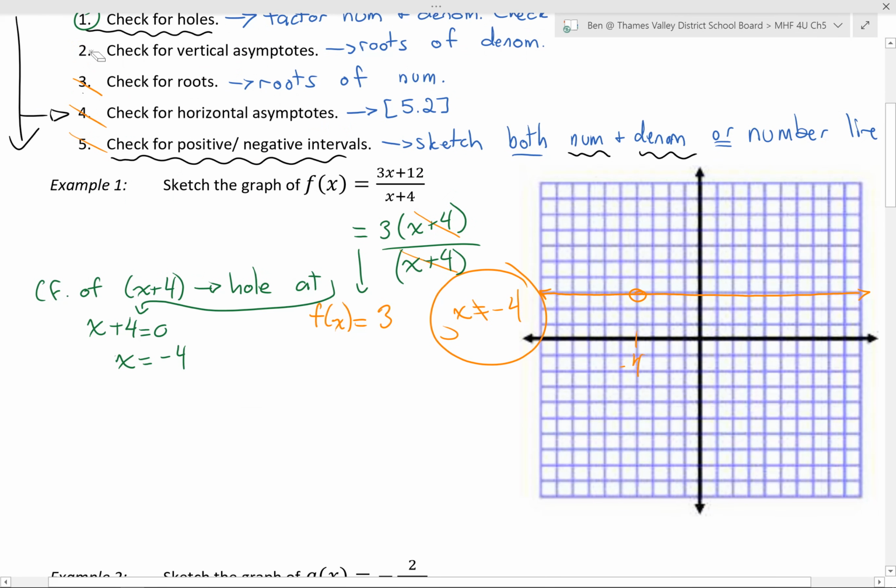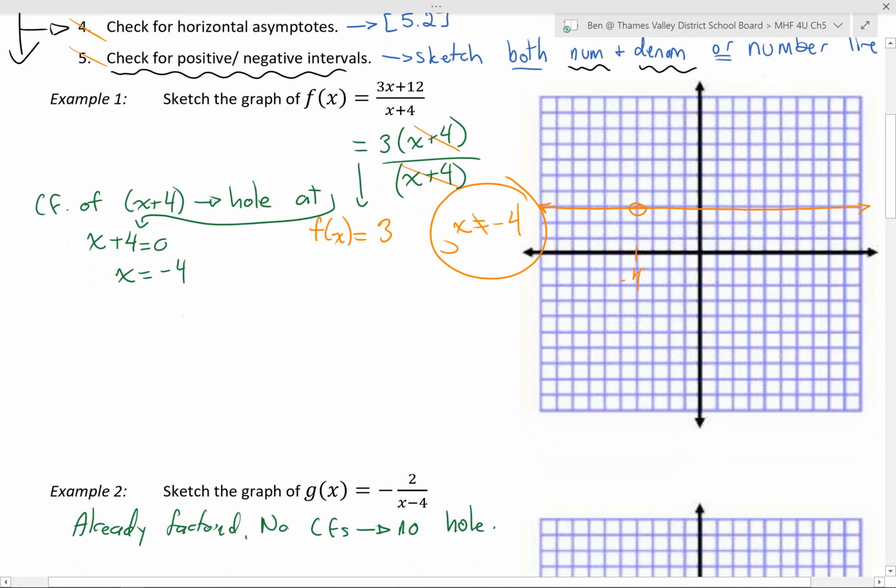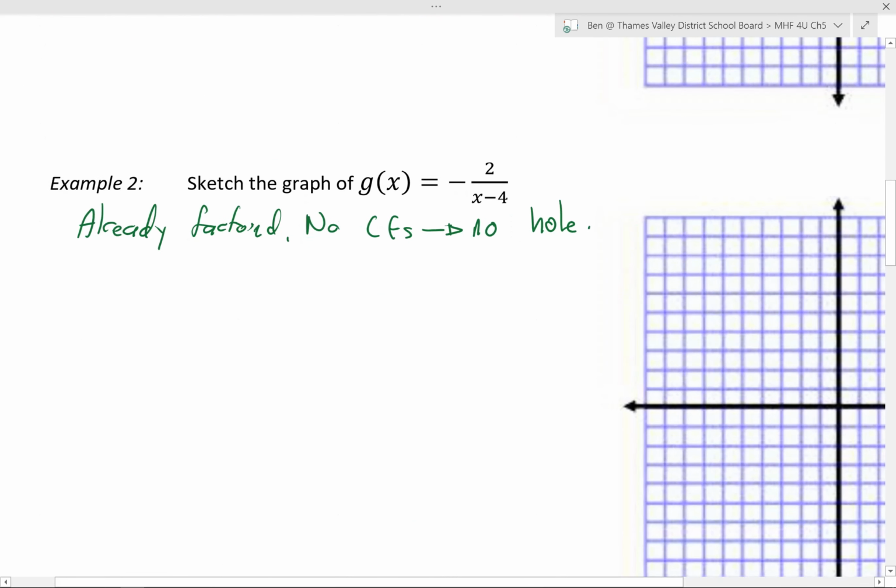So let's see here. Vertical asymptotes, what we're doing is checking the roots of our denominator. Well, my denominator, x minus 4, is a factor. And maybe I'll write VA so that you know I'm looking for vertical asymptotes. X minus 4 is a factor, so I can set that equal to 0 to find the root. So x equals 4.